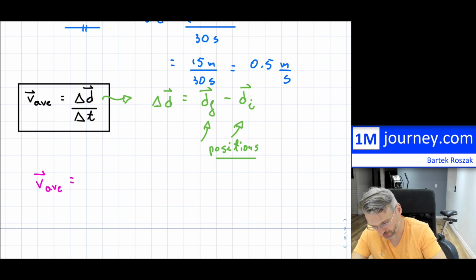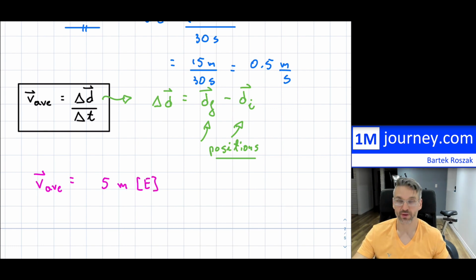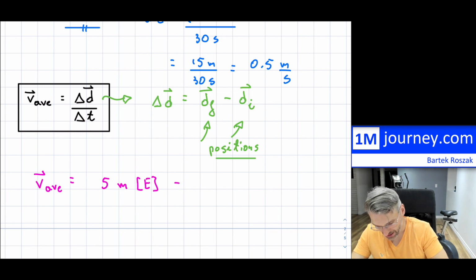We have to be careful here, because our final position was 5 meters. We do have to take the actual direction, minus, so it is a vector that we're working with, minus, but we're starting at 0.